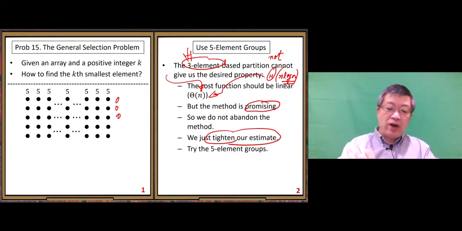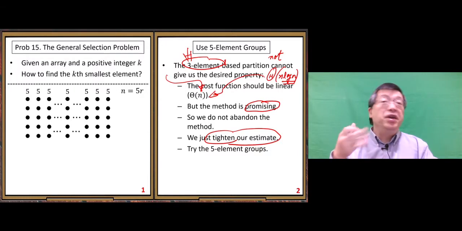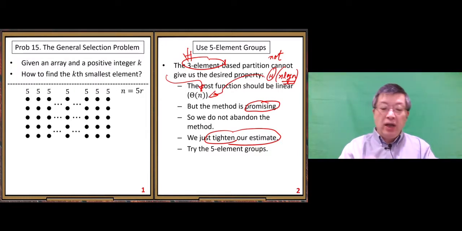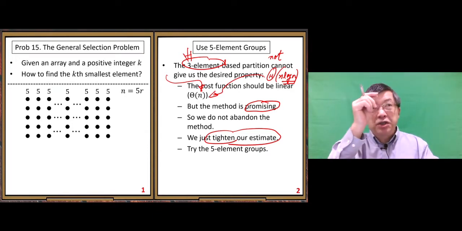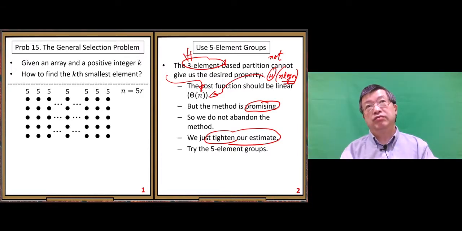So for our convenience, we just assume n this time is a multiple of 5. After we get the result, we can easily make a small adjustment to take care of the 5r plus remainder term, any remainder term.